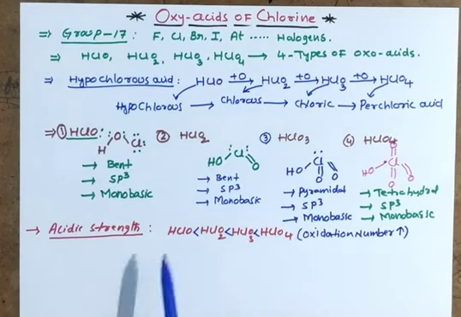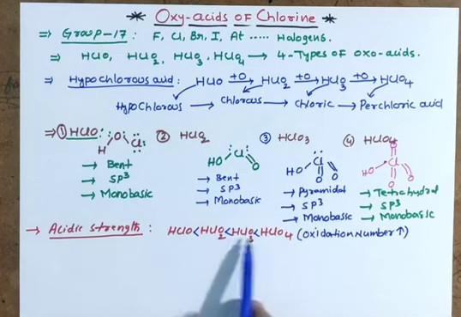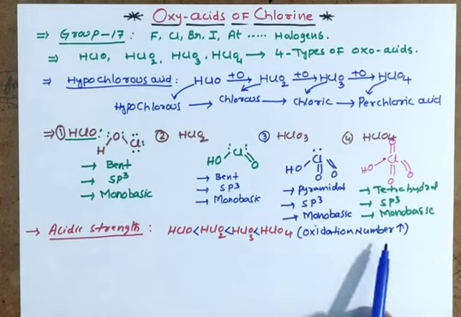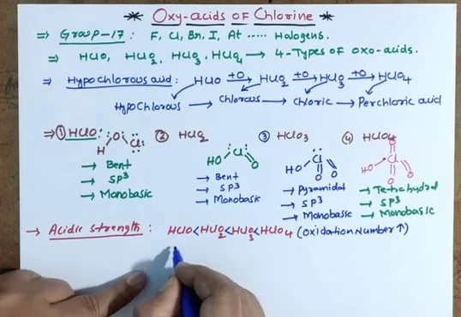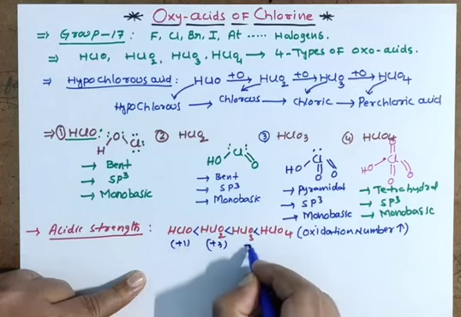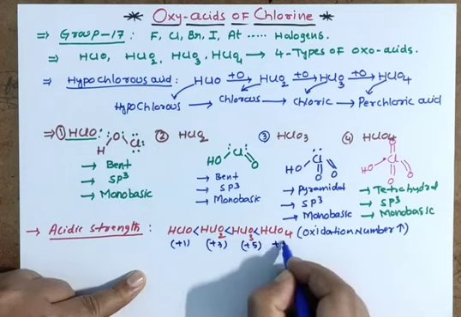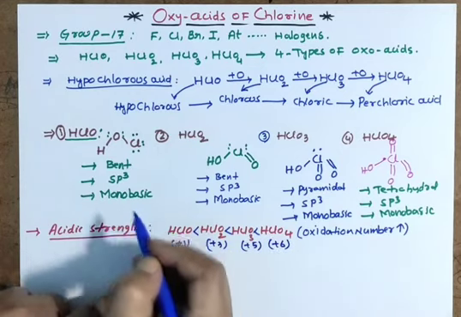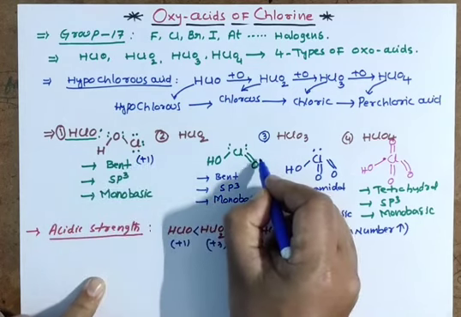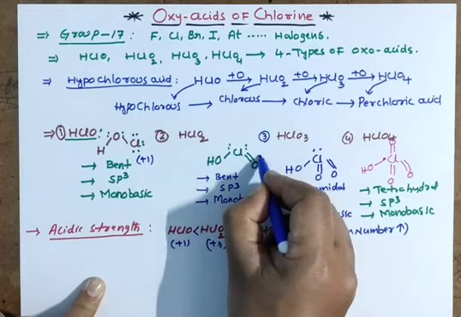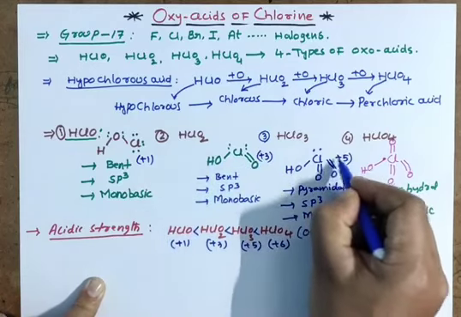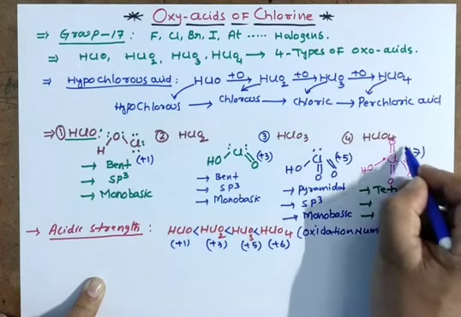All are having the same central atom, chlorine. If the same central atom is there, then you have to go for oxidation number. Here you calculate oxidation number: this is +1 in hypochlorous, +3 in chlorous, +5 in chloric, and +7 in perchloric.